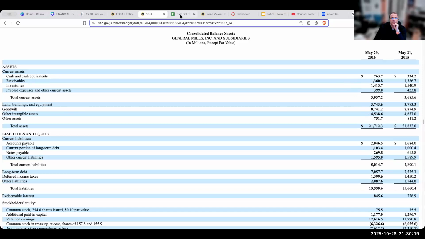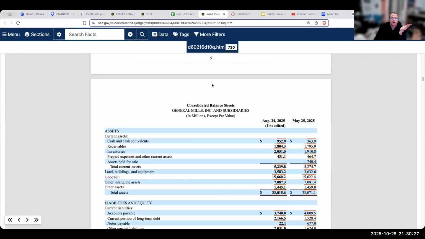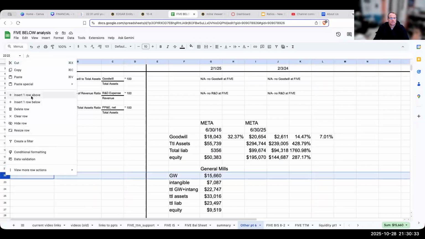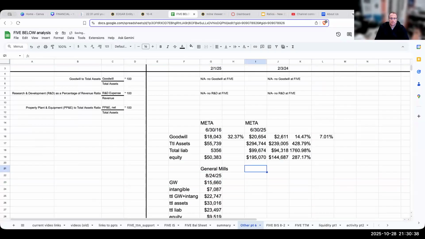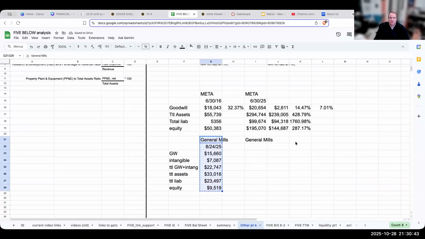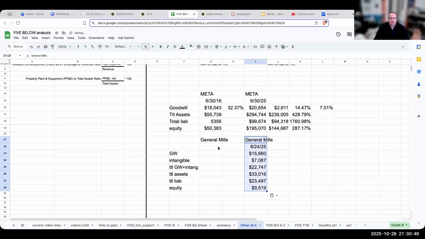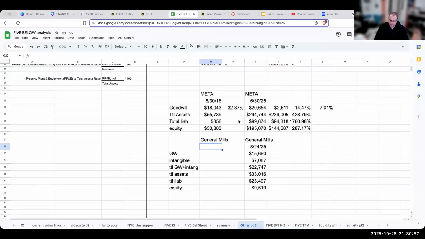So May 29th, 2016. I'm assuming this is the one I just pulled. This is going to be as of 8/24/25. And I'll put these in place. And this over here for General Mills will be 5/29/16.